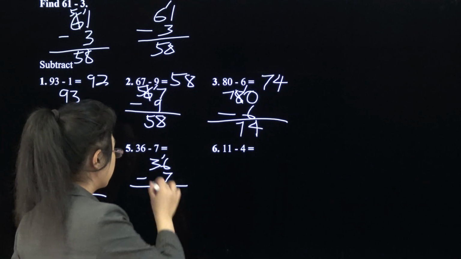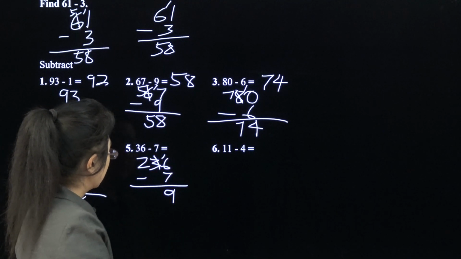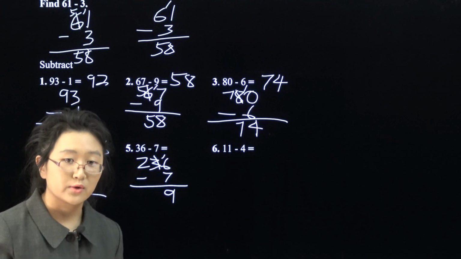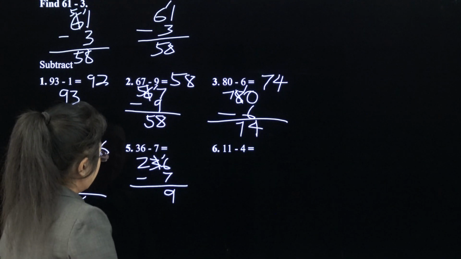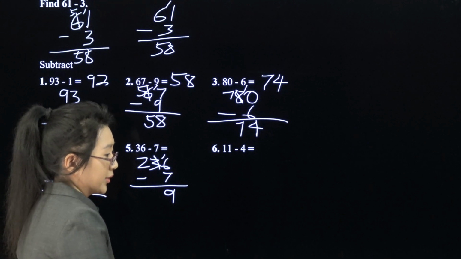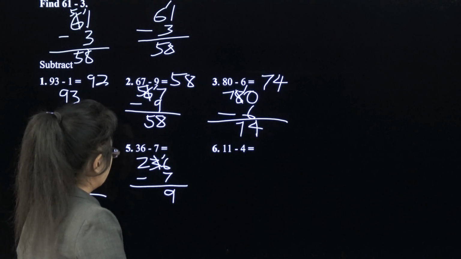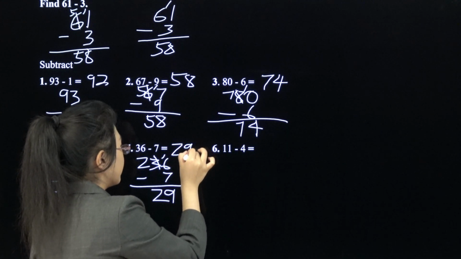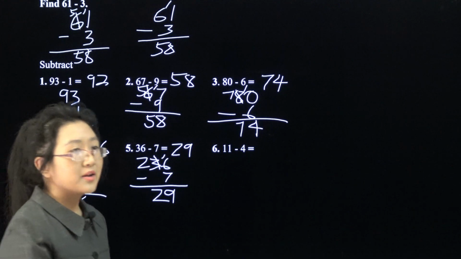Now it's 2 tens. To make it clearer, I'll just cross it out and write the 2. You don't need to cross it out and write the 2 if you can remember. But it does help if you can't remember. Now 2 minus nothingness is still 2. That's 29.